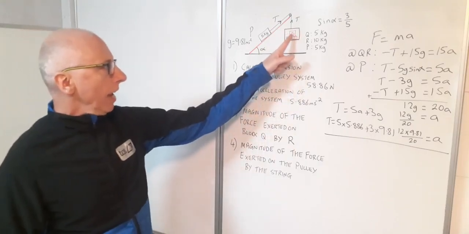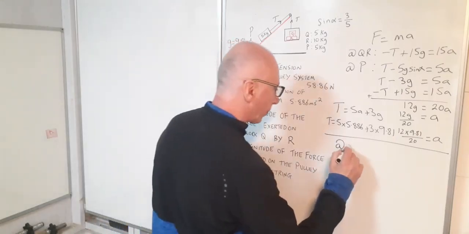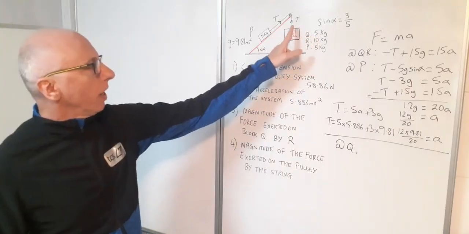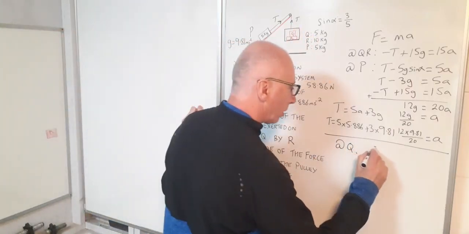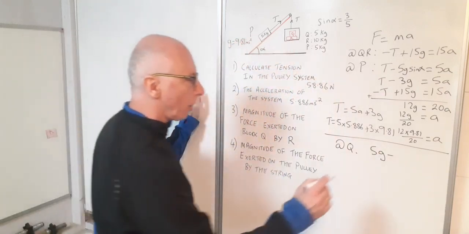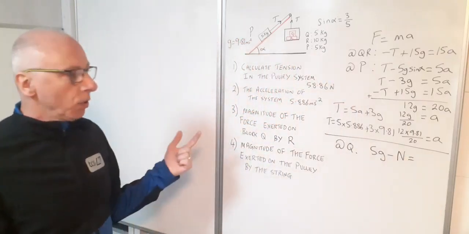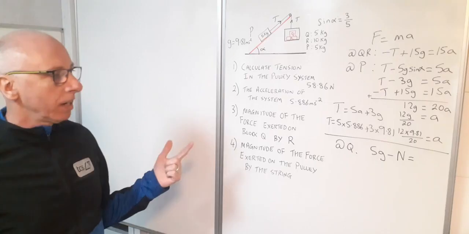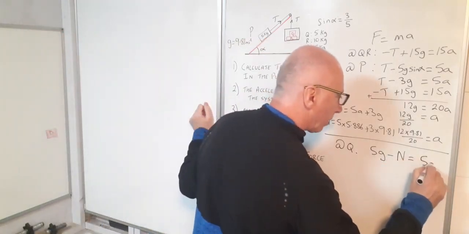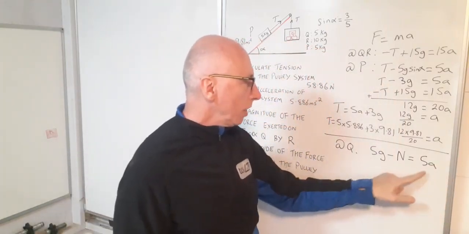So if we go at Q, then we'll have the weight of Q, 5G pushing down, minus the normal force at R. Normal force will be going perpendicular to the block, so we call that N. And so those are the forces, and we set that to mass times acceleration. Well, the mass is 5, so that's going to equal 5A. So then we could set N equal to 5G minus 5A.